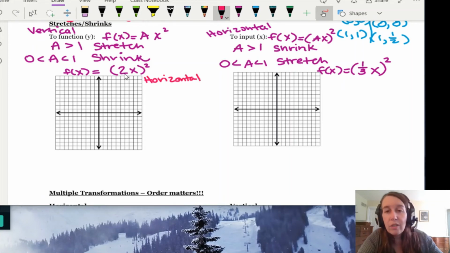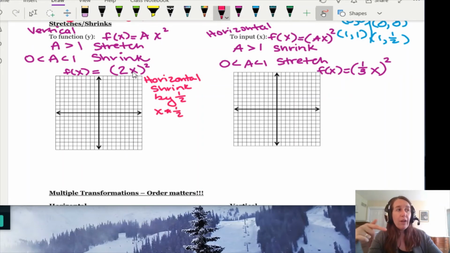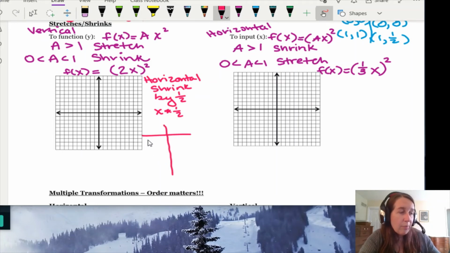But this one, since a is greater than 1, this is a horizontal shrink by 1/2. We're going to multiply every x times 1/2. I know it says 2, but remember, we want to think of undoing what happens to x, so it would be dividing by 2. Okay, so let's do that. Remember, we're still going to make that nice little chart to help us.